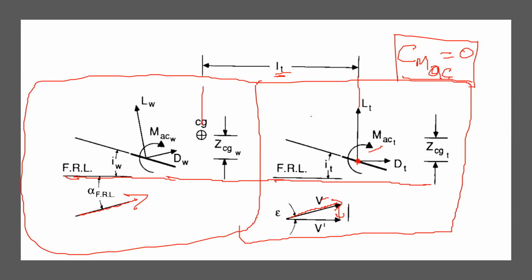So let's make it simple. There are two components that are generating forces. One is the wing, one is the tail. We want to compute the moments because of these forces about the point CG. So we need all distances of these forces from CG. Previously we decomposed forces vertically and horizontally.